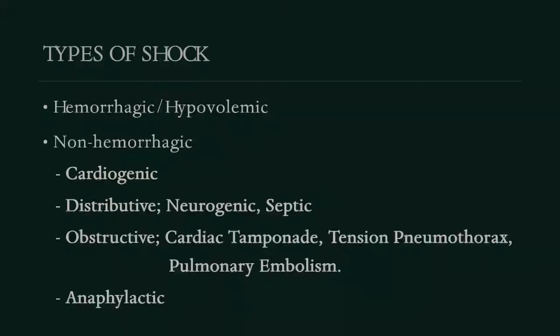And then after that, you have the stuff that is a block, or obstructive shock. In that, some of those little vessels and roads are blocked. So are they blocked at the heart level? Are they blocked at the lung level? Or are they blocked on the peripheral? Kind of think about it that way. So you have your cardiac tamponade.